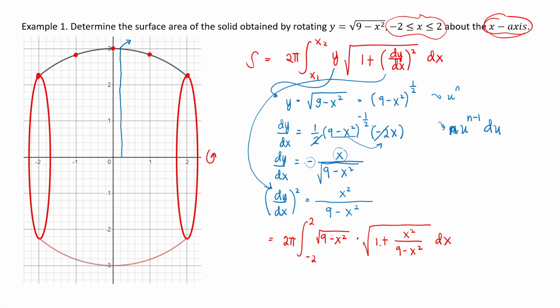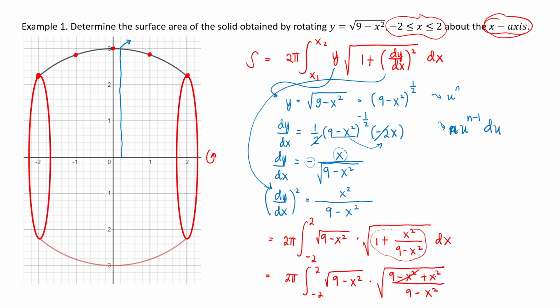Okay, so simplifying by combining the fraction, we're going to have 2 pi from negative 2 to 2 square root of 9 minus x squared. So this becomes 9 minus x squared plus x squared all over 9 minus x squared.